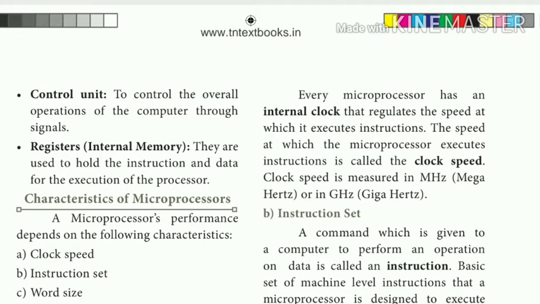Frequency means number of occurrences per second. In computers, the number of instructions executed per second is known as hertz, or frequency, or clock speed.